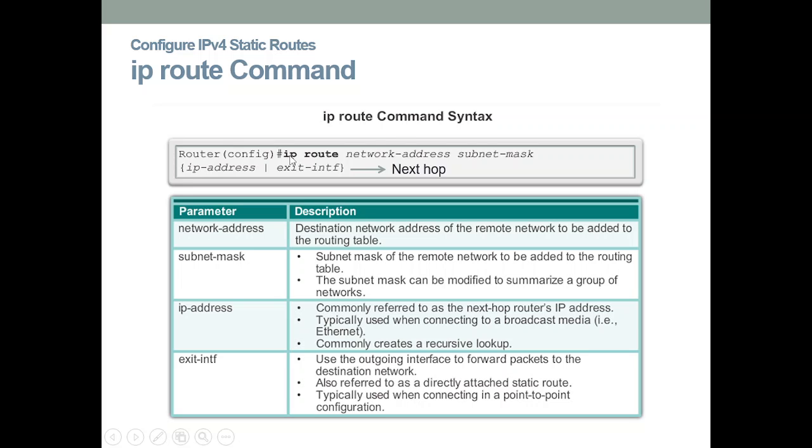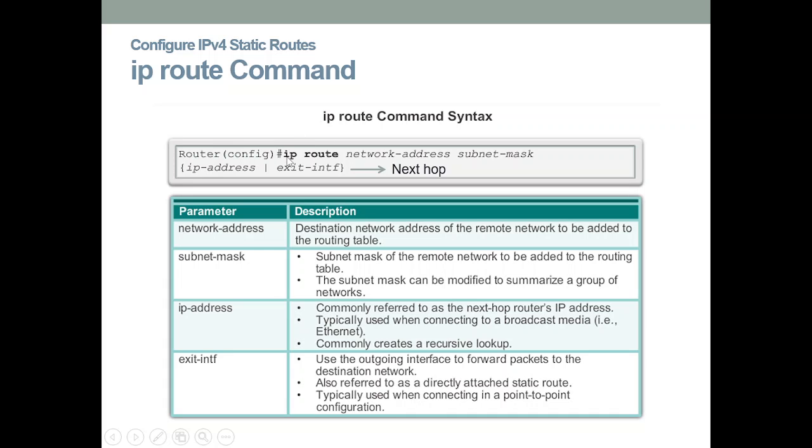We shall say ip route, then you put your remote network here, and the subnet mask of that remote network, then you put the gateway address, or you can put the exit interface. Any of the two can work. We shall see that one. But at the moment, I want you to get the syntax.